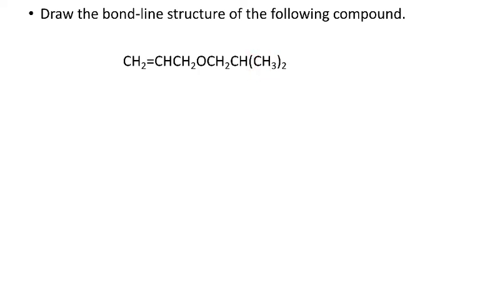Now I don't have just carbons in my chain, I've got an oxygen, but all my carbons are either sp2 or sp3 hybridized, so I can use the zigzags. So I've got 1, 2, 3 carbons, then the oxygen. Then I have 2 more carbons, so 1, 2.